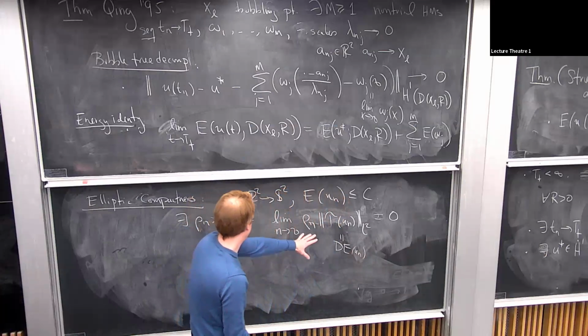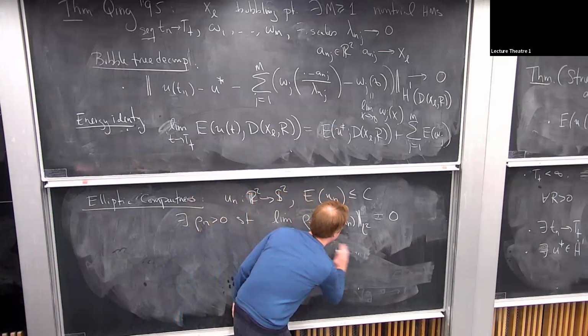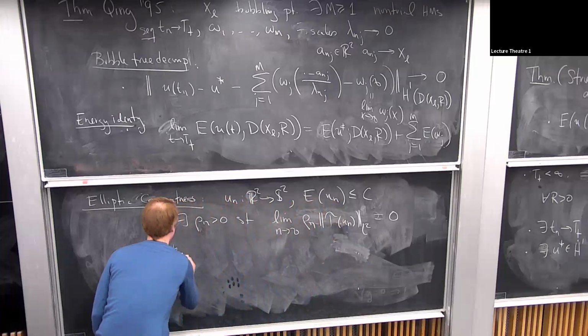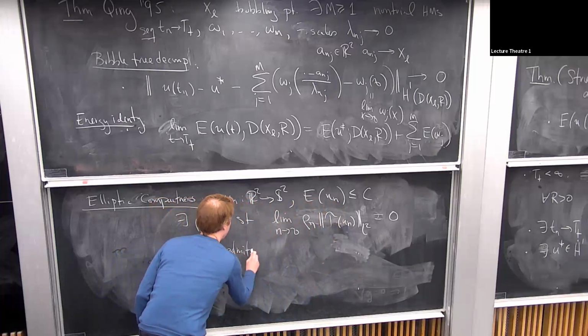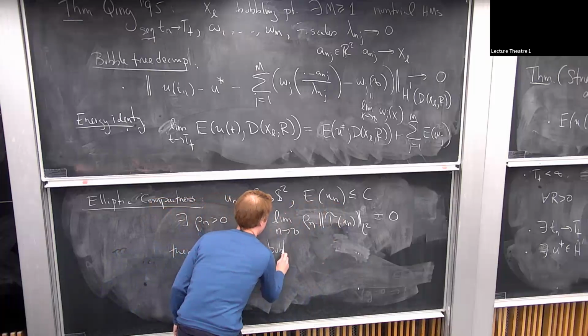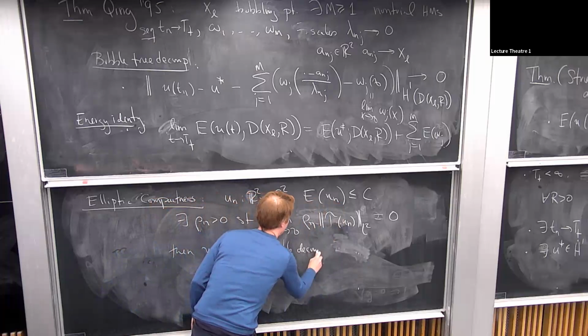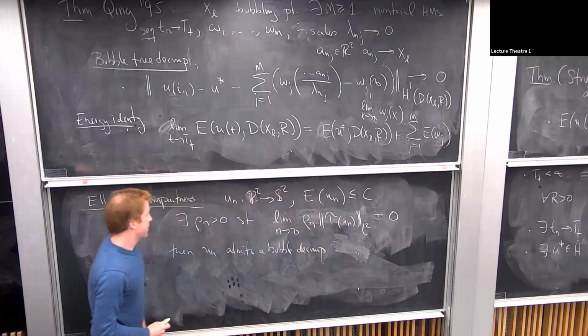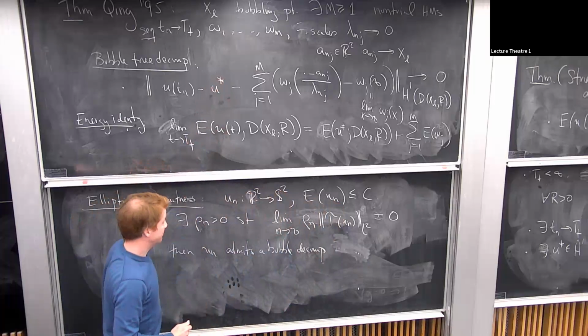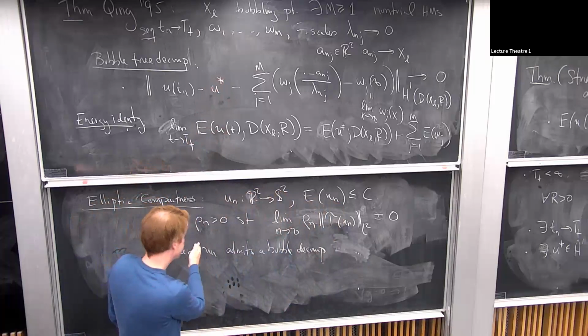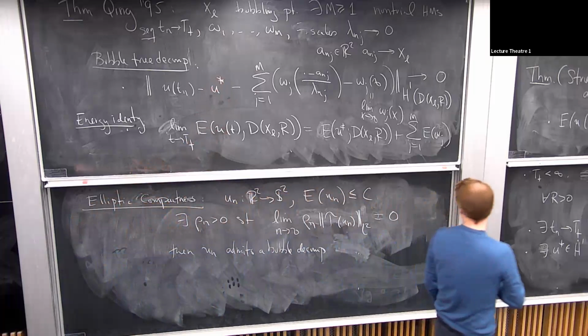So if I have this Palais-Smale type sequence, then un admits a bubble decomposition, as in the previous board, a residual U star here. Okay, so this is an elliptic compactness result.